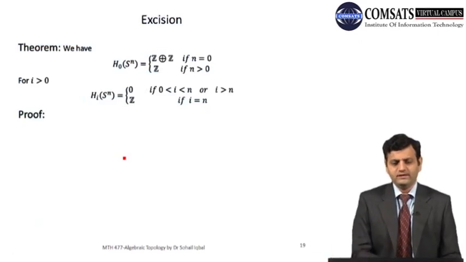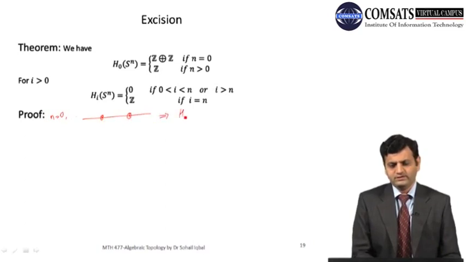So let's see how to apply excision to calculate the homology of spheres. When n is equal to 0, we have 2 points on the real line. In other words, we have two connected components, so H naught of S naught is equal to 2 copies of Z, because there are two path connected components.